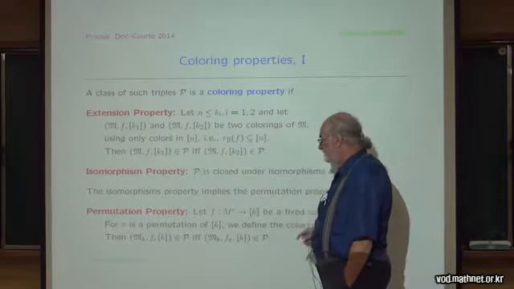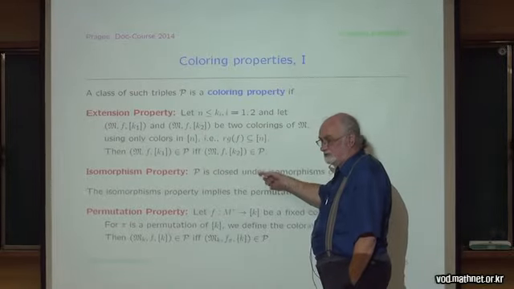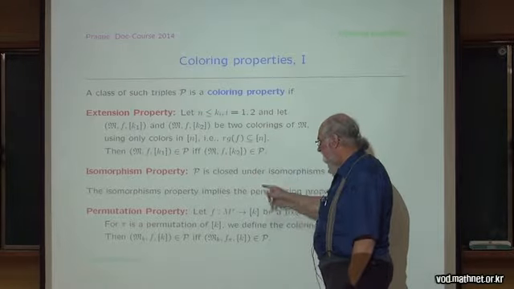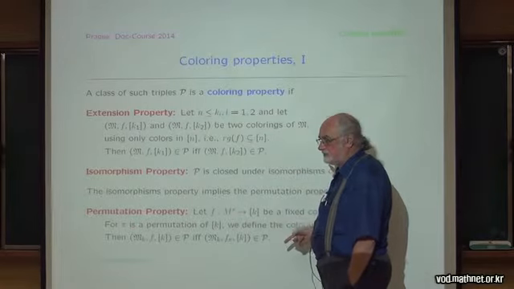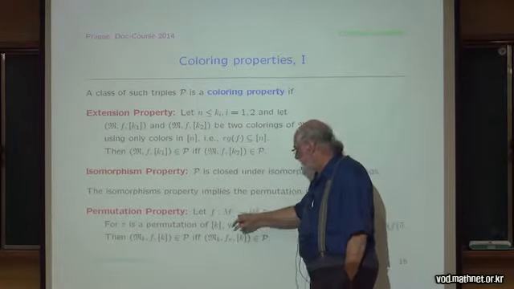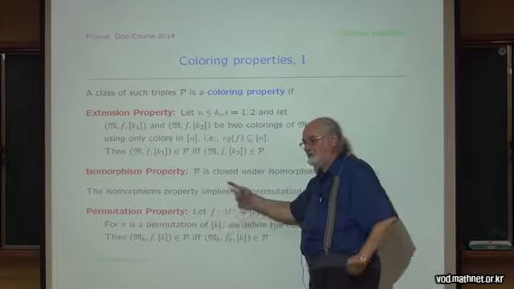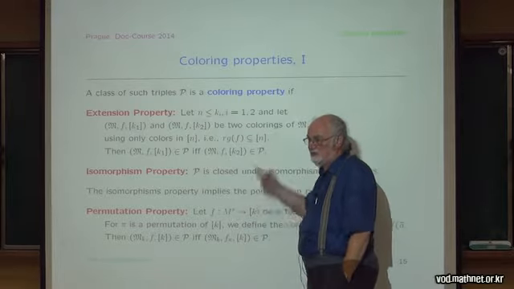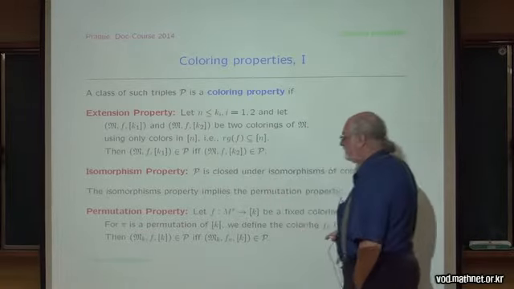First of all, if it satisfies the isomorphism condition for being a property, it satisfies the permutation property, which says the following: if you permute the colors and induce the F accordingly, then if the original F was in P, then also the permuted F is in P, like my Cold War example.